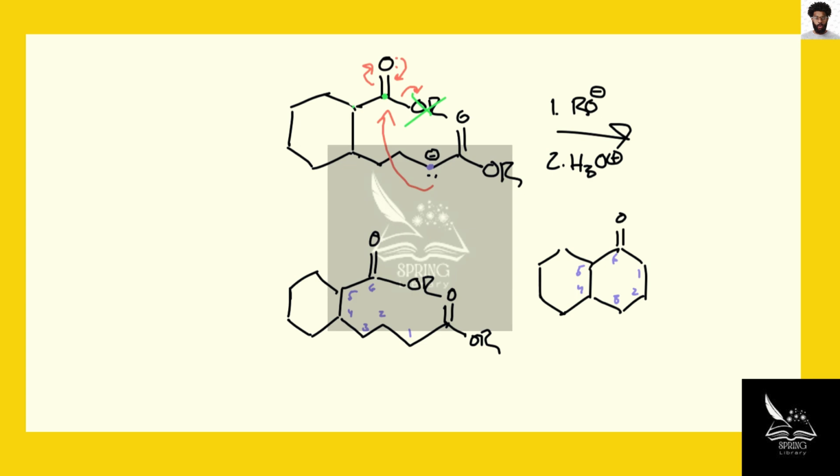We'll no longer have our OR. And on carbon 1, we're going to have a bond to basically that entire ester group. That is what's going to be sticking off of carbon 1. Like so. And if we look around here, that looks an awful lot like option 1 to me.